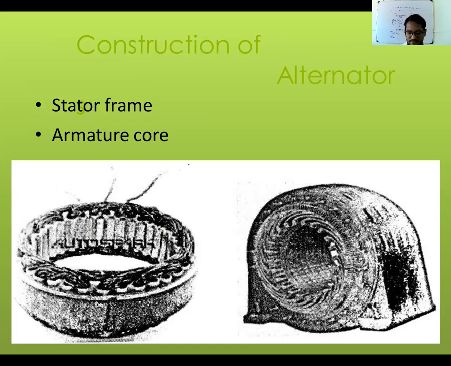With the armature winding, it has various parts like stator frame, stator core, and cooling arrangement. The frame may be cast iron or steel material, and the stator core is made up of high-grade silicon steel laminations. The stator core has slots, and the stator winding is mounted in those slots.